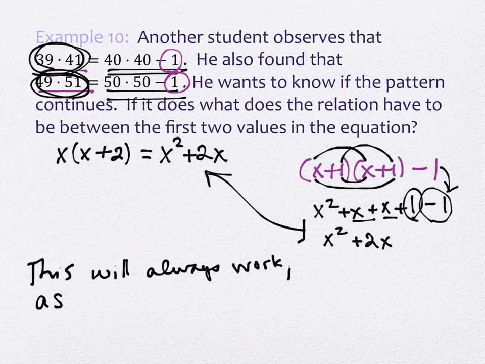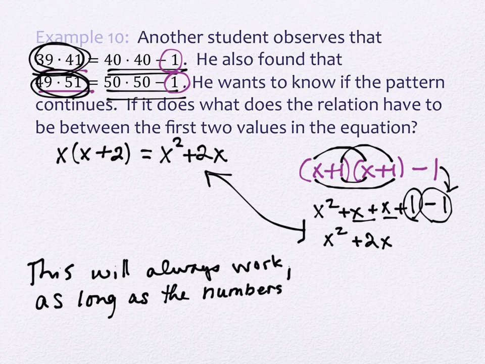And the realization is it will work as long as, or only if, or whatever language you like, the numbers differ by 2. You can say the original numbers differ by 2.